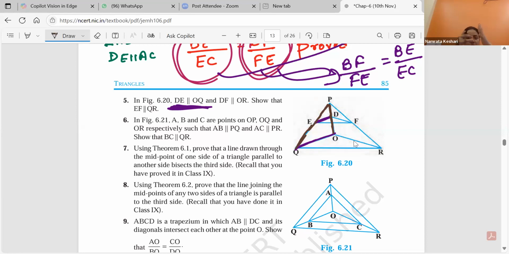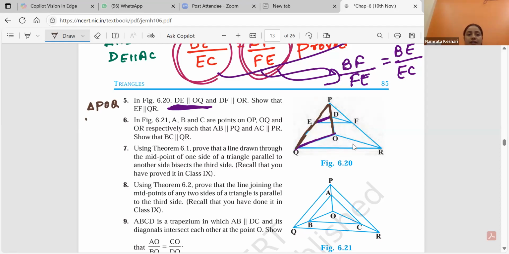Don't see the middle one, don't see the one below, just see this triangle. Can you see it clearly? Getting it? Yes, ma'am. The triangle POQ you are going to pick.